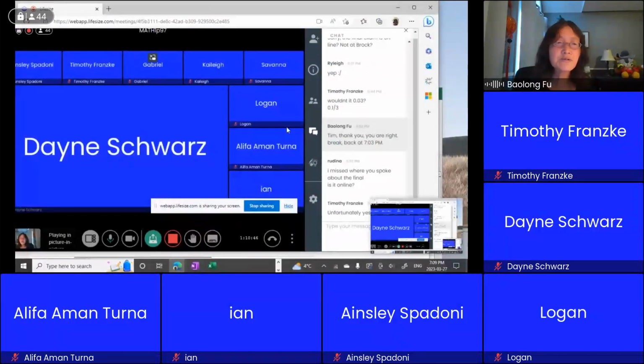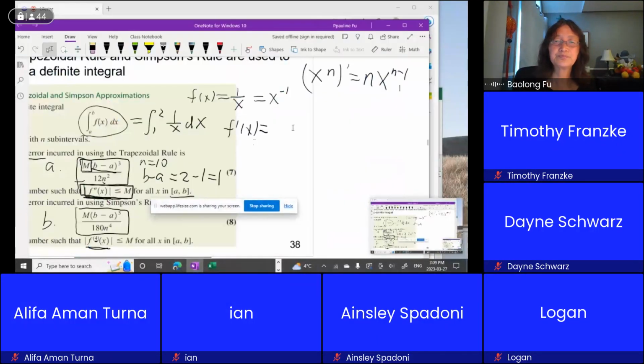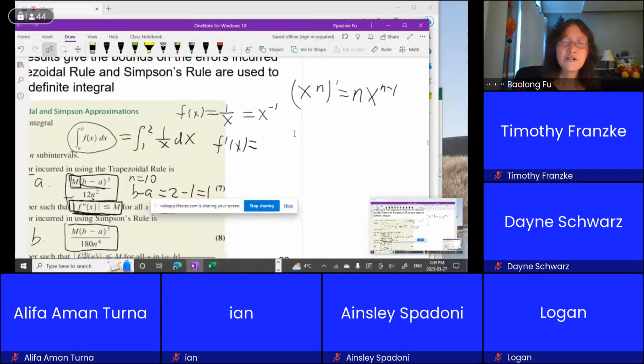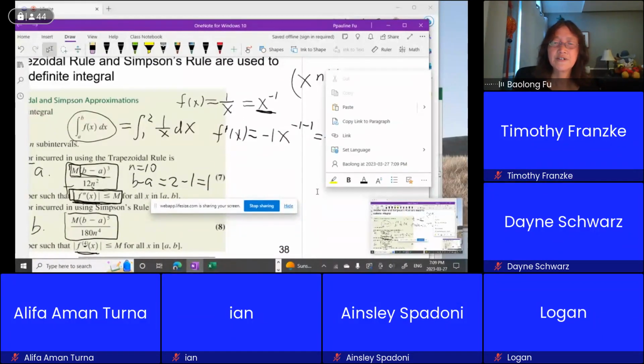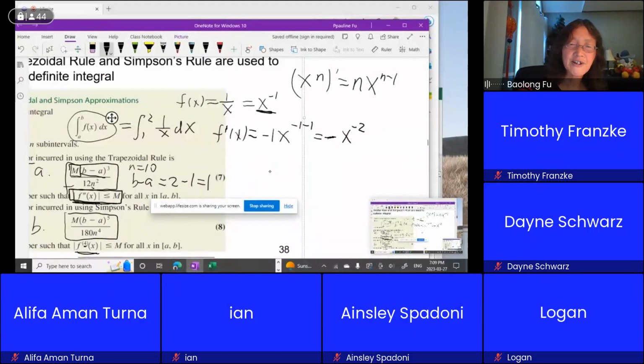Just checking the messages. Any questions? Okay, so what is the derivative of x raised to the power negative 1? It is negative 1 times x to the negative 1 minus 1, which is x to the negative 2. The negative 1 is just a negative. So this is the first derivative. Now the second derivative.